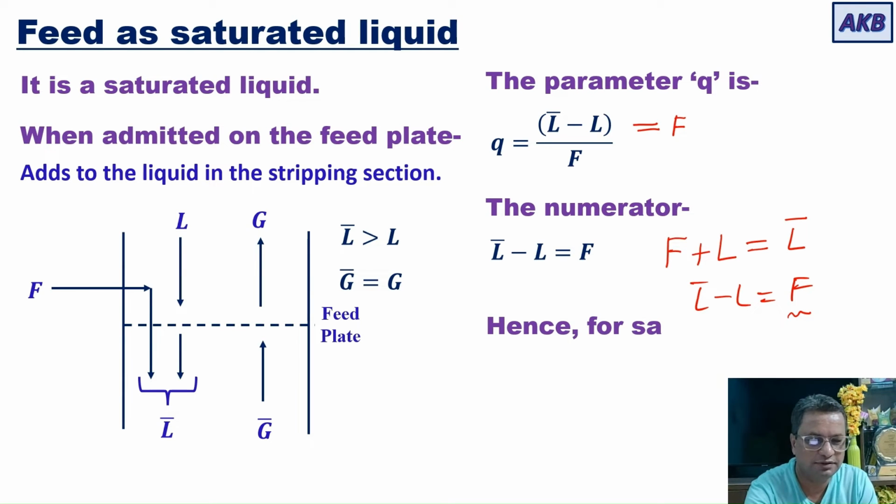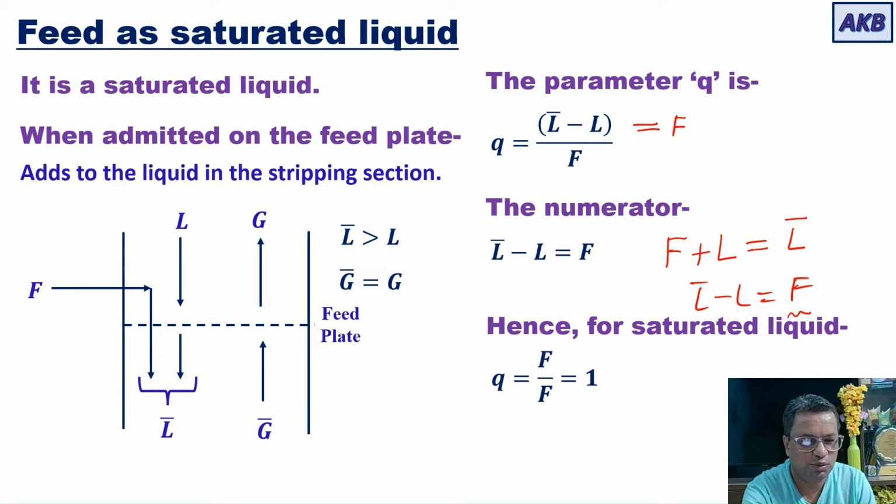So you have, for saturated liquid, Q will be F upon F. And that's why for saturated liquid, Q will be equal to 1. And that is what you have to remember. For saturated liquid, Q is equal to 1. How is it 1?